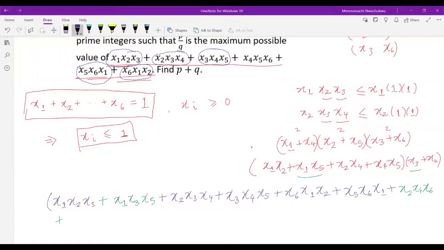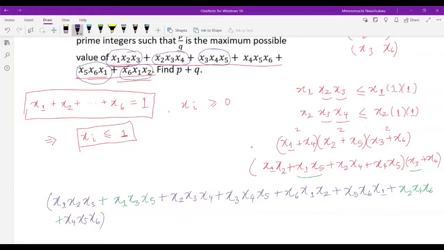Then we have x4 x5 times x6, and that certainly shows. Now you don't need to do this on your solution script in the exam hall, but we're just doing it to check that our hunch is correct. And what's our hunch? I haven't told you guys the hunch yet.